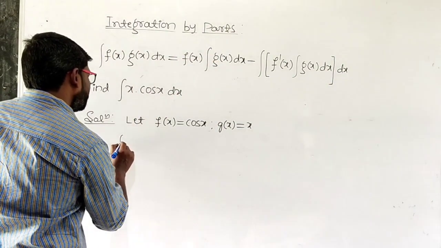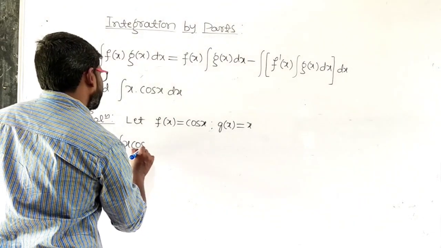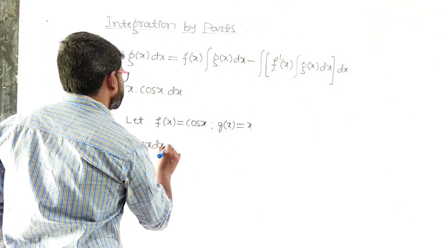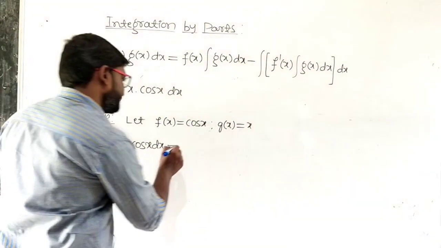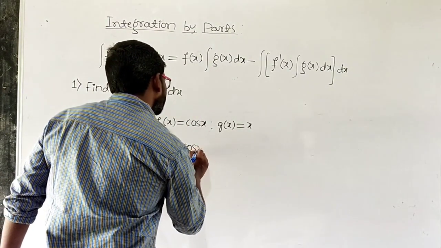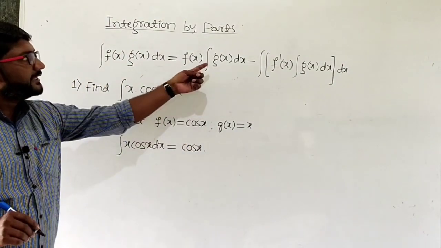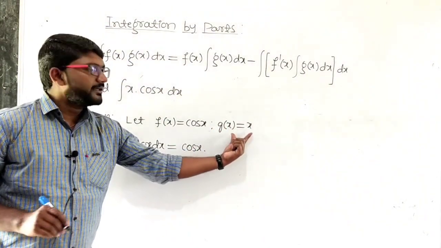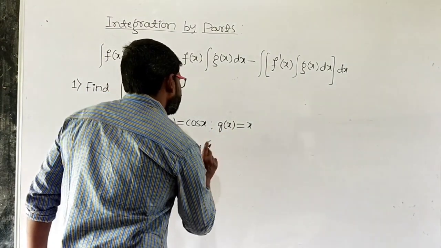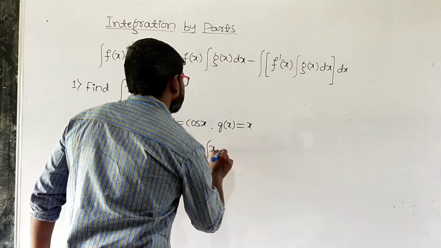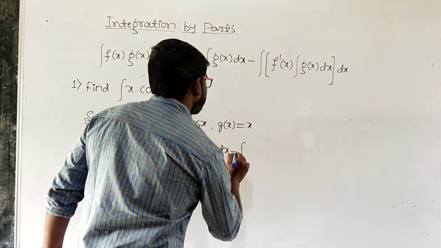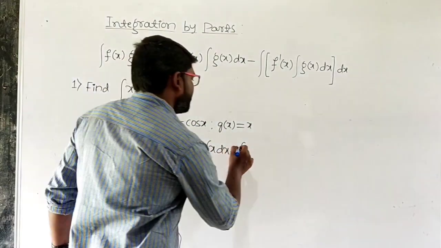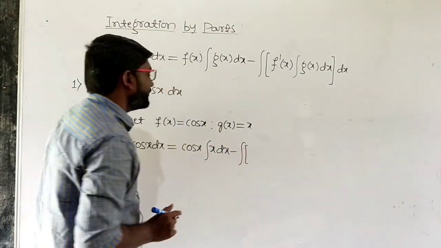So integral x cos x dx is equal to f of x, it is cos x, into integration of g of x, that is the integral of the second function, integral x dx, minus integral f dash of x, the derivative of the first function.